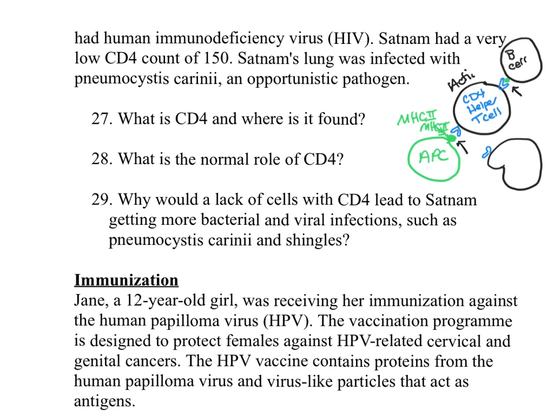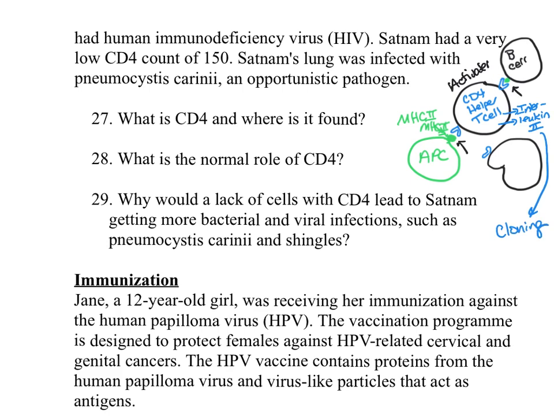Therefore, CD4 assists in the activation of the T cell. Binding of T cells to APCs, or antigen-presenting cells, via the TCR receptor, or T cell receptor, and CD4 protein releases interleukin-2. Interleukin-2 promotes the cloning of T cells and helps stimulate other cells of the immune system.